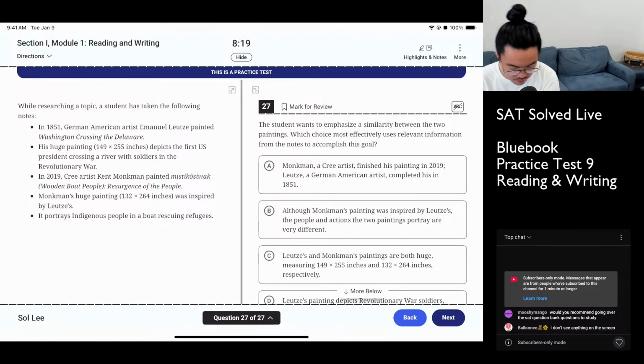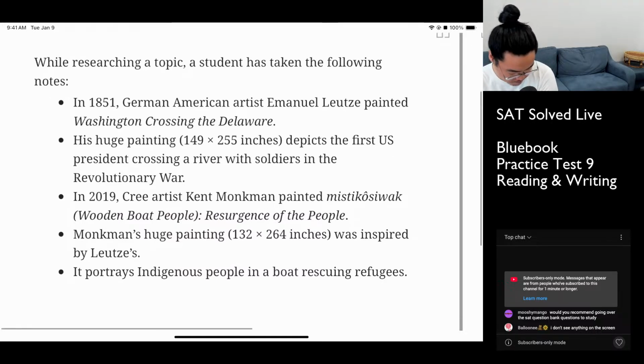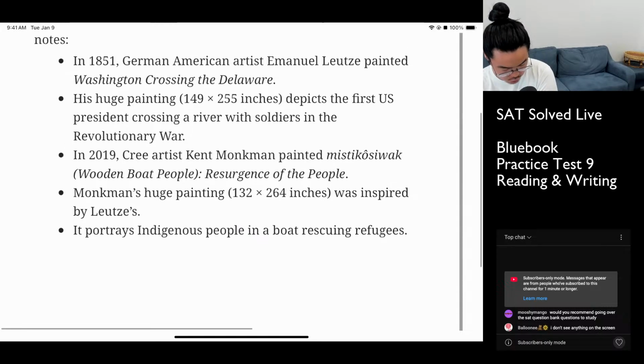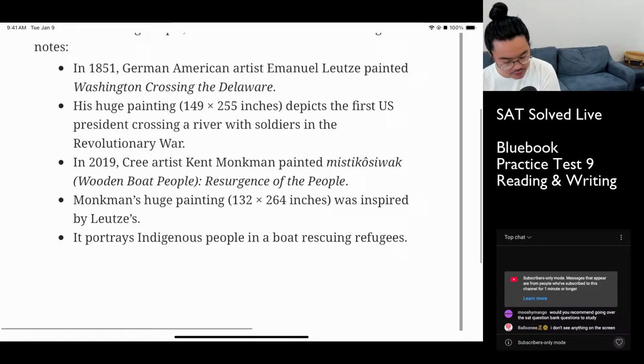27. Similarity between the 2 paintings. So there are 2 paintings. In 1851, E.L. painted WCD, huge. In 2019, KM painted WBP, huge, although similarly huge, and inspired by Lutz, and involves a boat, people in a boat.